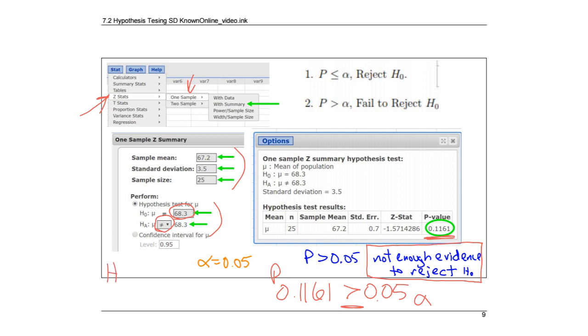Now, the issue is our claim was in the alternative. Well, if we do not reject the null hypothesis, then we can't support our claim, right? It's one or the other. And so based on our information, we cannot support the claim that we think this data is incorrect.